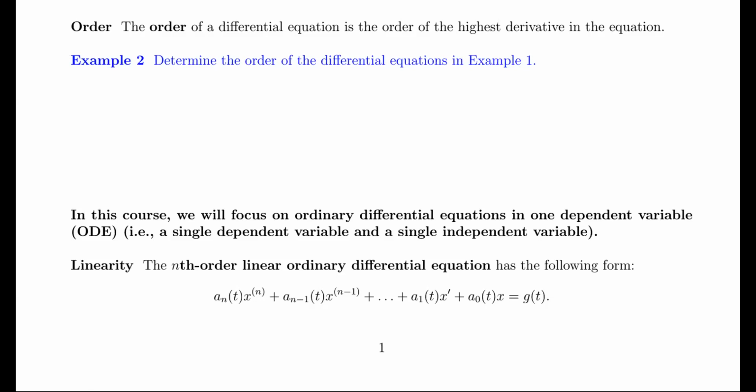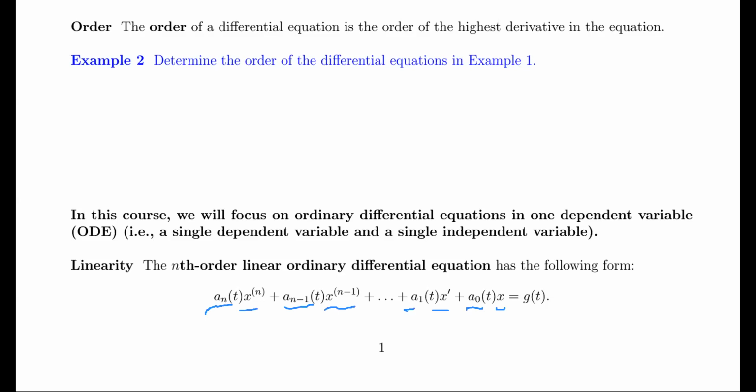Now, this is linear because nothing is happening to the x except that we're multiplying by some expression of t each time. So we see an x here, we see a derivative of x, an n minus first derivative of x, and an nth derivative of x. Nothing is happening to those x's or the derivatives of x, except that they are multiplied by functions of t.